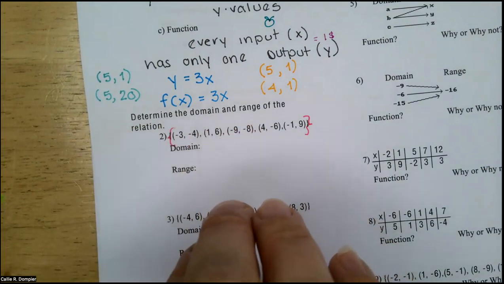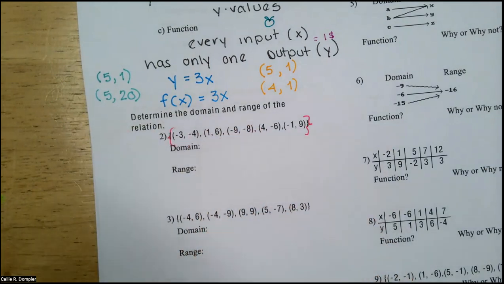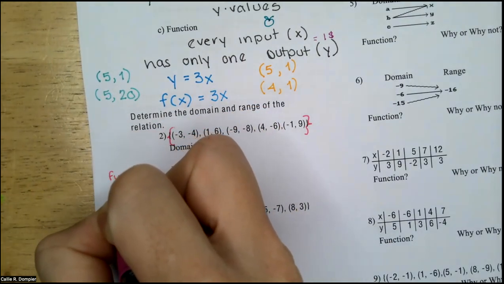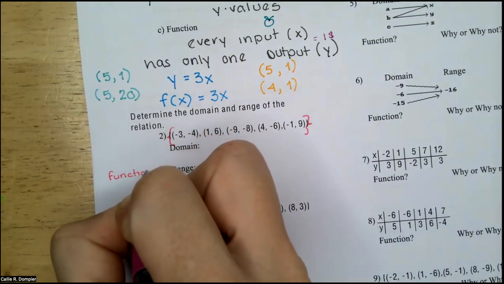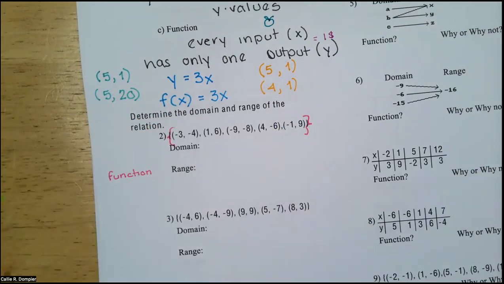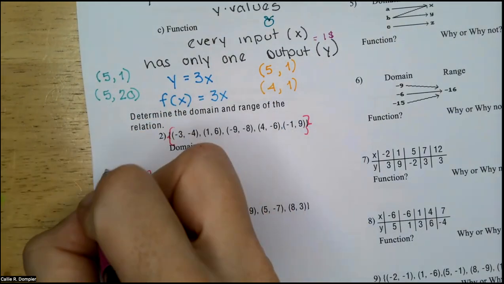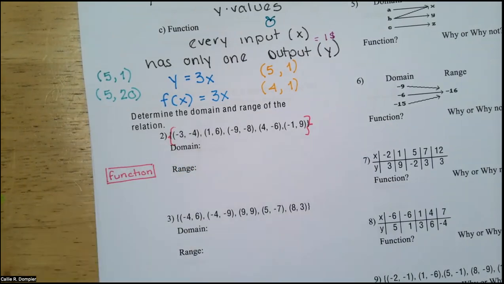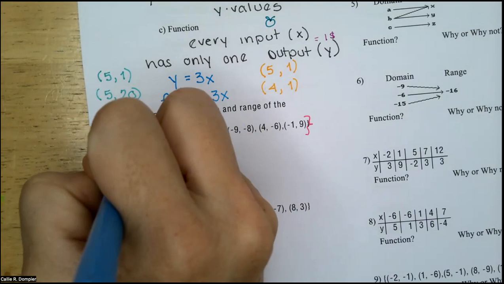All functions are relations, not all relations are functions. So here's a function. And, well, I guess a function is all of these, right? We're making a group, and they fall within the group of relation.